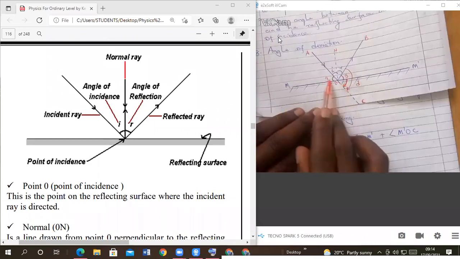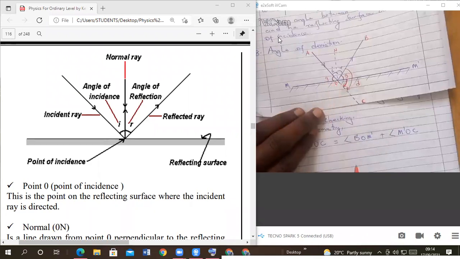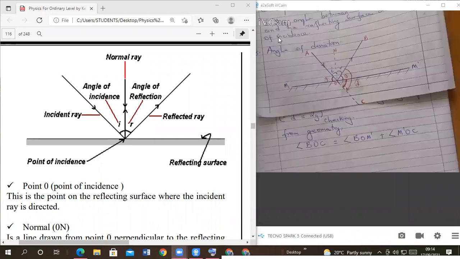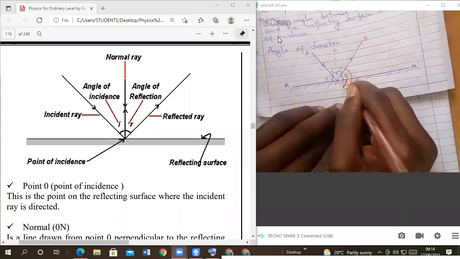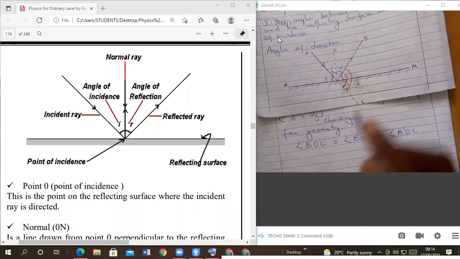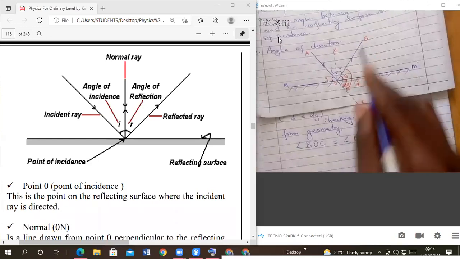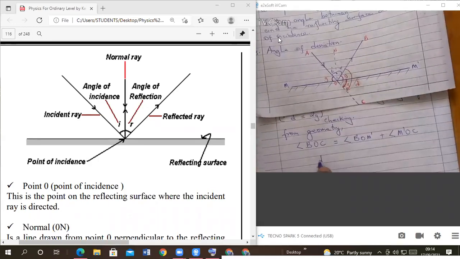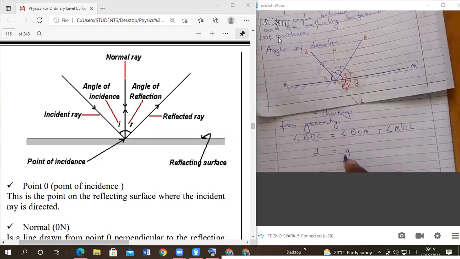These two angles are vertically opposite. Opposite angles are always equal. So this angle is also G. So it implies angle BOC, which is our glancing angle, equals G plus G.